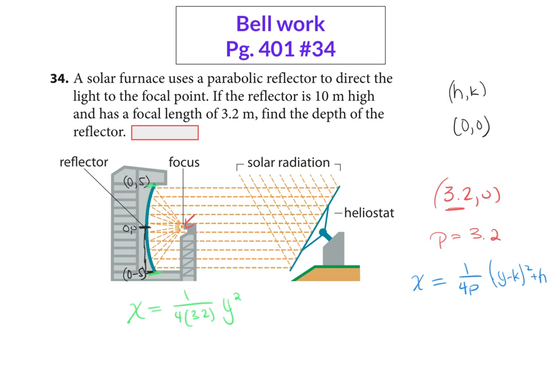So I could just say 1 over 12.8, times 5 squared. And that gives me 25 over 12.8, which I think they actually put in as a decimal, 1.95. So when you plug that in, you should get approximately 1.95 meters is the highest point of that dish.